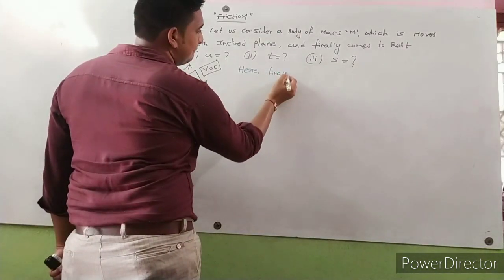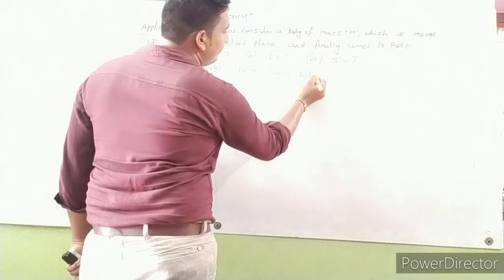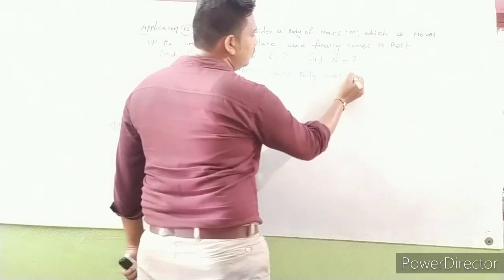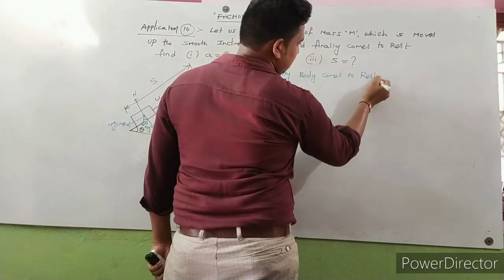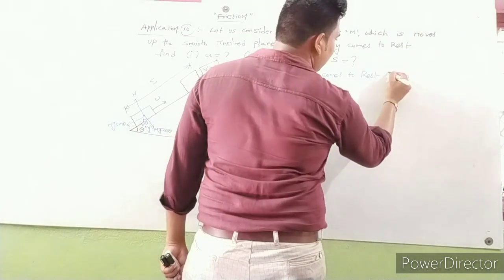From this, finally the body comes to rest. That means final velocity is equal to 0.